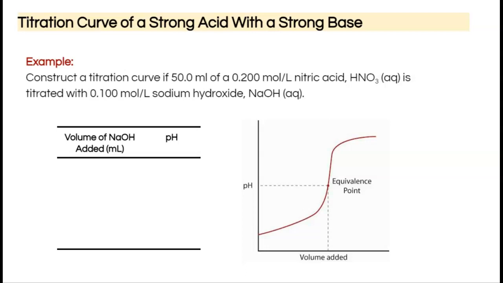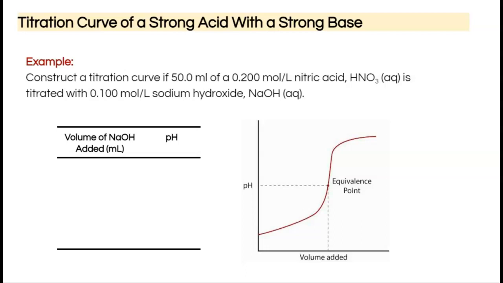In this case, they are giving us the amount of our analyte and the concentration of our titrant. We are titrating nitric acid, a strong acid, with a strong base, sodium hydroxide. They're giving us the amount of nitric acid and the concentration of our sodium hydroxide. We know the concentration of both, and we want to see the behavior of our analyte as the pH changes when we add our titrant.